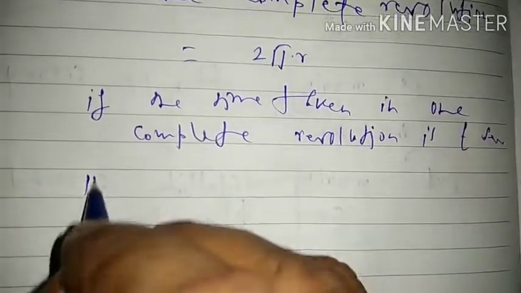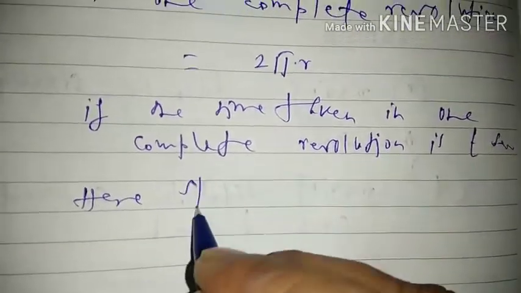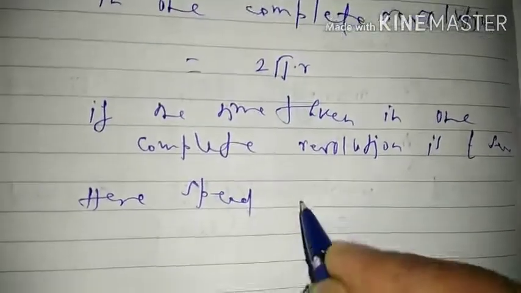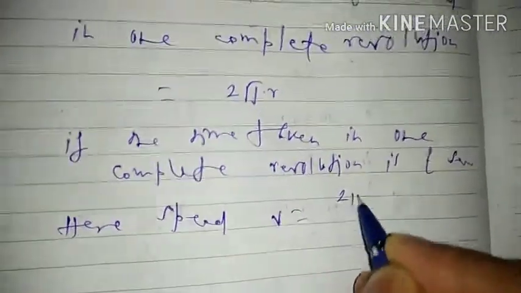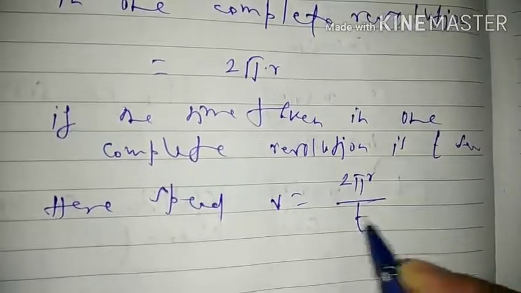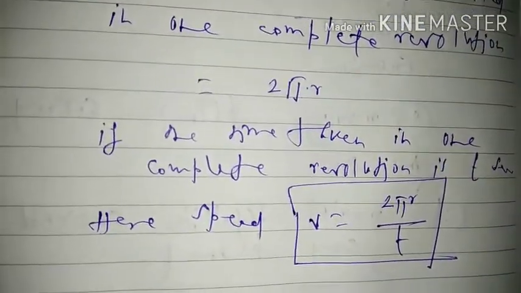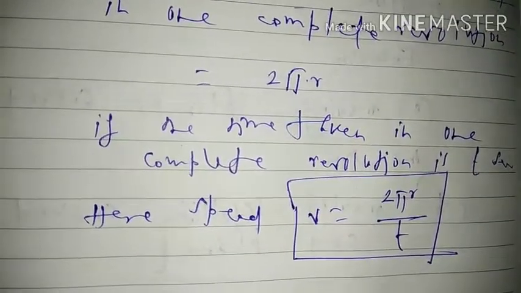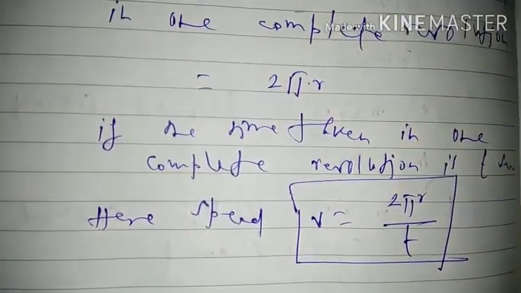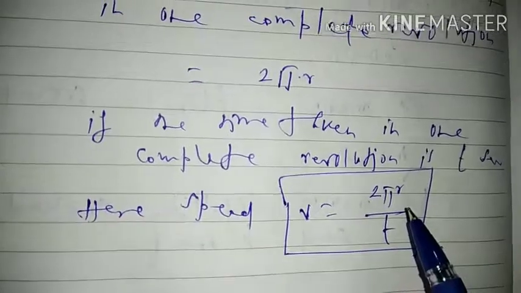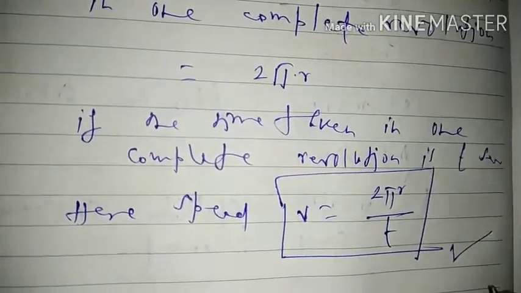So here the speed v is equal to 2 pi r divided by t. So for uniform circular motion, the speed is given by 2 pi r divided by t, where r is the radius of the circular path.